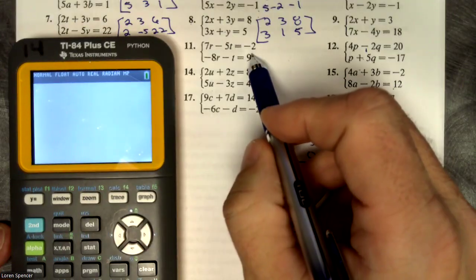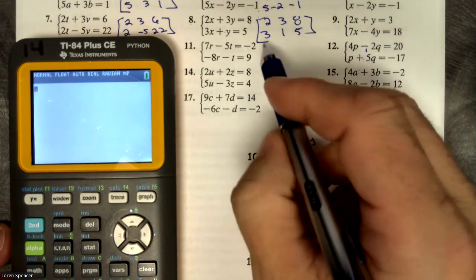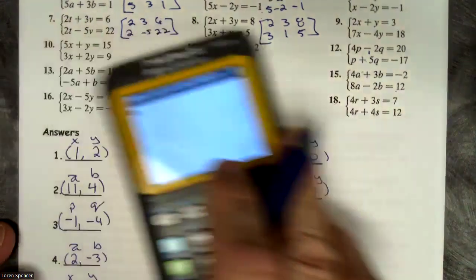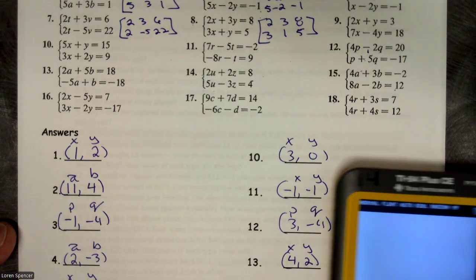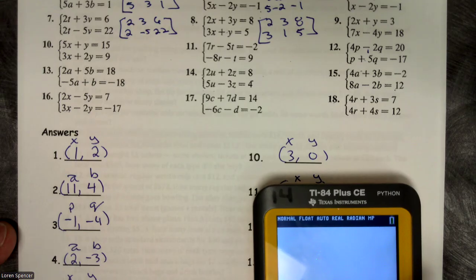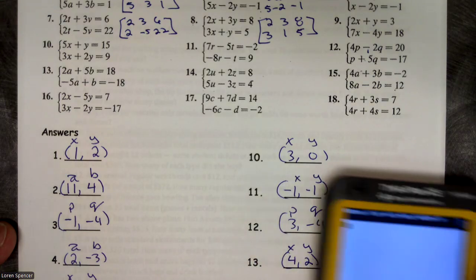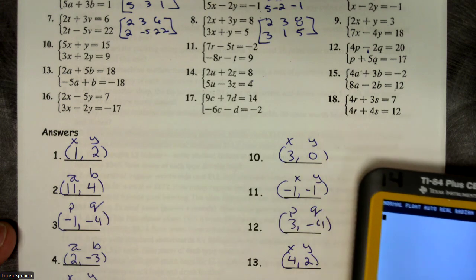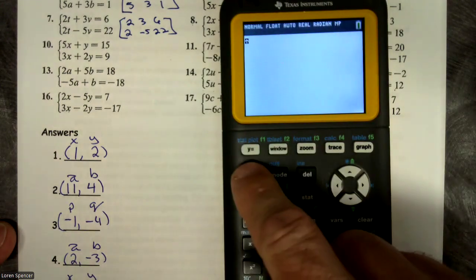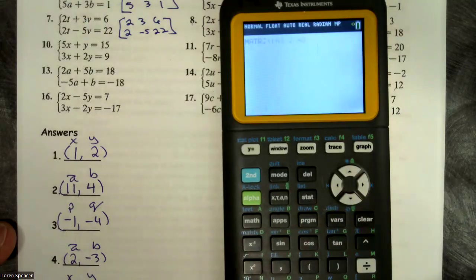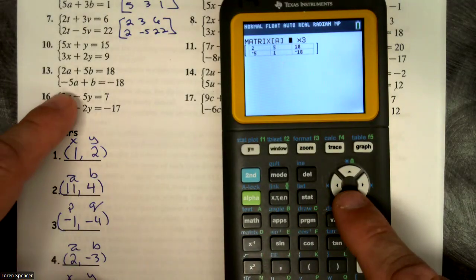And here on number 14, you know what? I need to go back and I did the wrong problem. This is wrong. So blue matrix, edit, 2 by 3, 2, 5, 18.